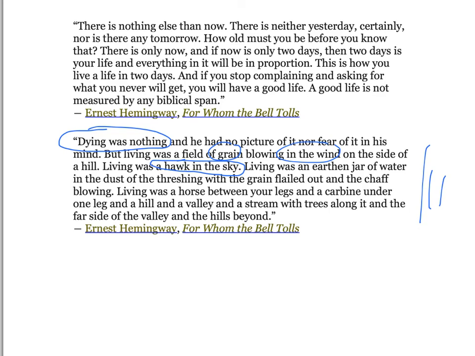Living is drinking a jar of water after you've worked hard and brought the grain in. Living was mounting up on a horse and going and committing yourself to a cause you believe in. This is what strengthens the self. This is why Robert Jordan is considered one of the great Hemingway heroes.